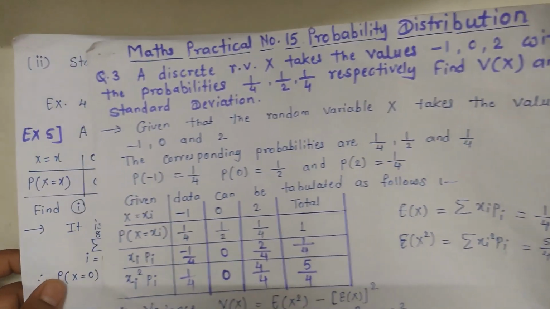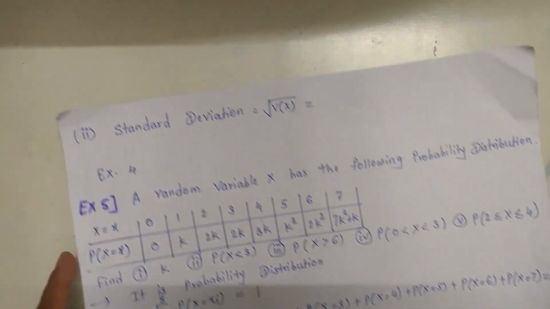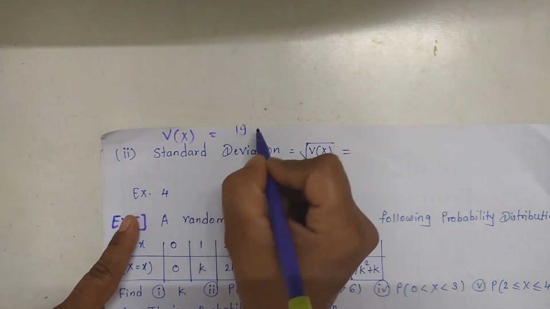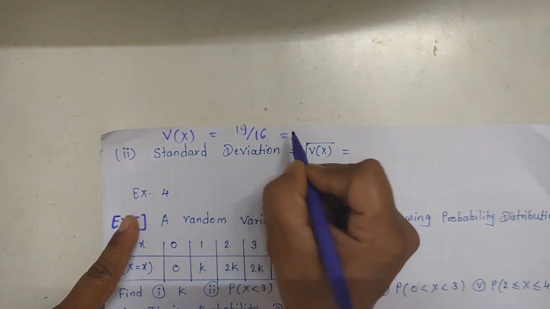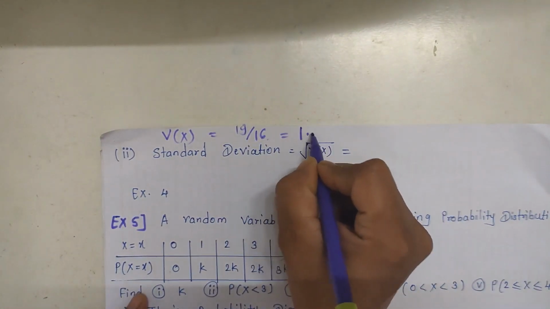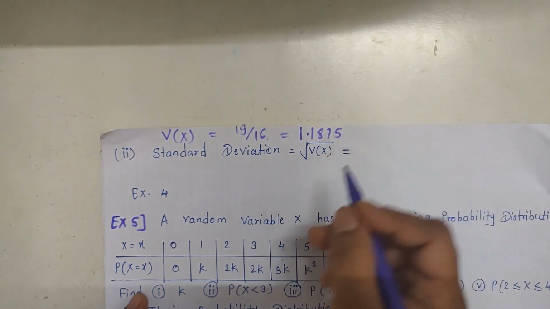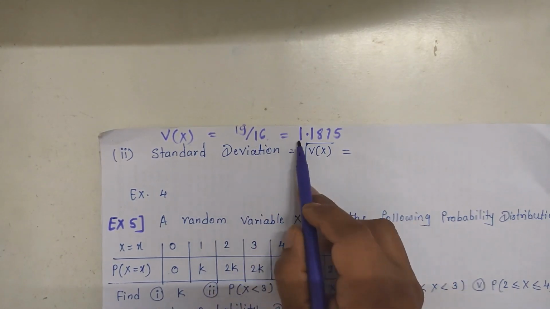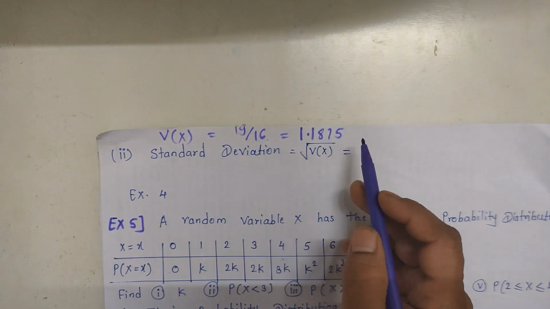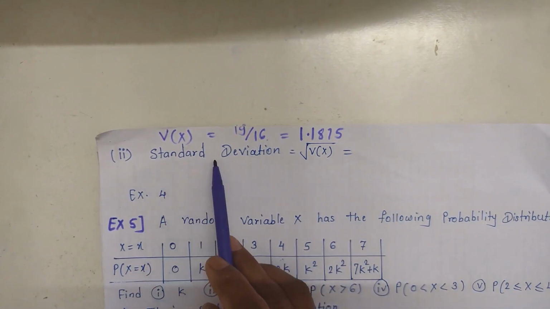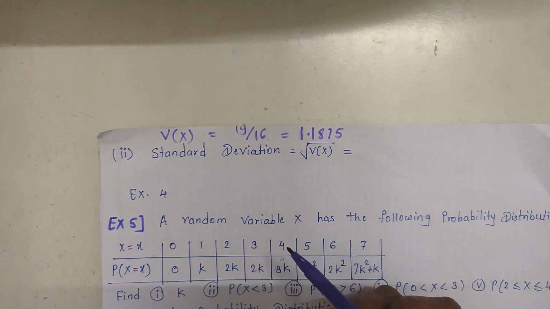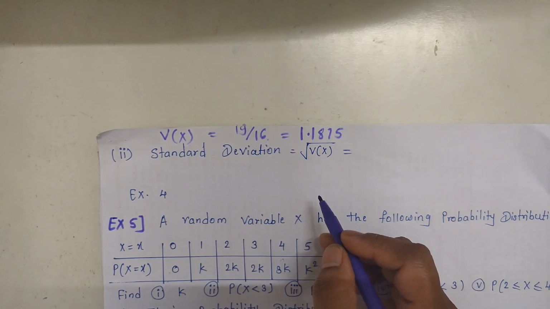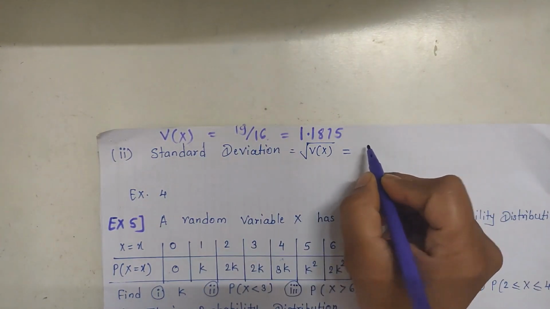So variance of x is equal to 19 by 16, which in decimal form is 1.1875. Now the second value, the standard deviation, is the square root of variance of x.